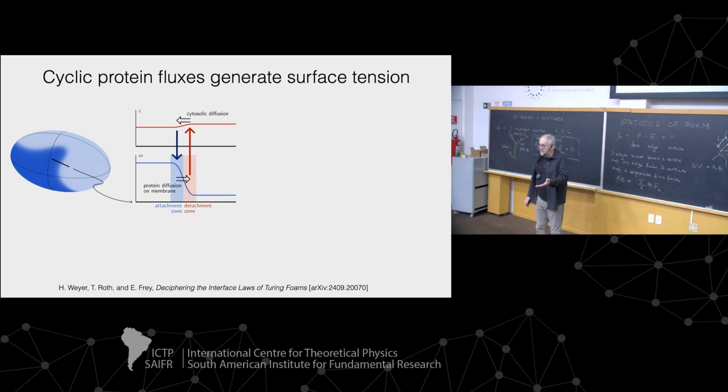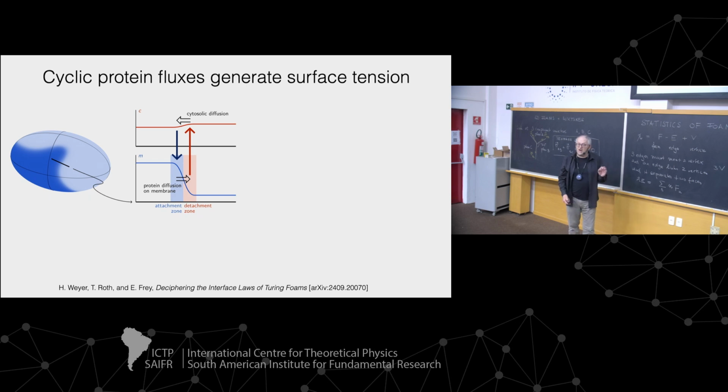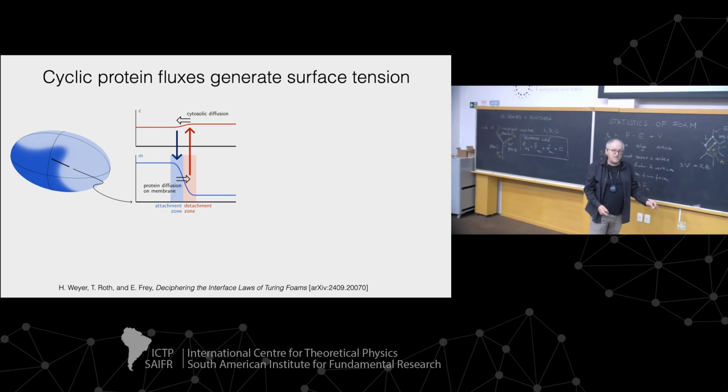Now we have cyclic fluxes, right? These cyclic fluxes are the reason you maintain the interface, and that's what I'm putting in here. That's an assumption. So I'm saying the interface is maintained by fluxes that are cyclic. Diffusion would kill my interface because there's flux of particles along gradients in this direction. Here I have an attachment zone where the particles that are flowing this way are traveling towards the cytosol.